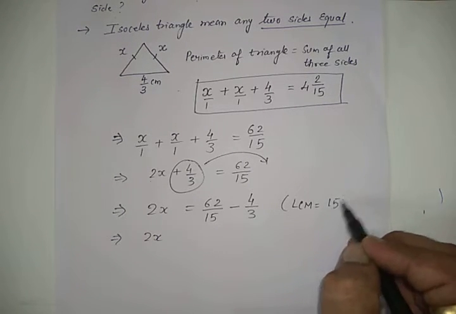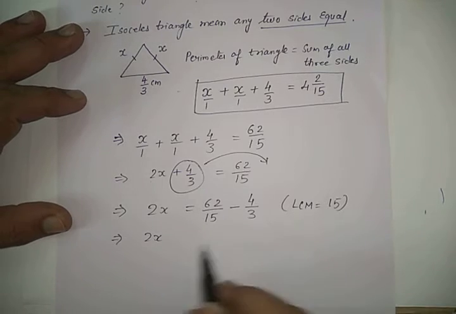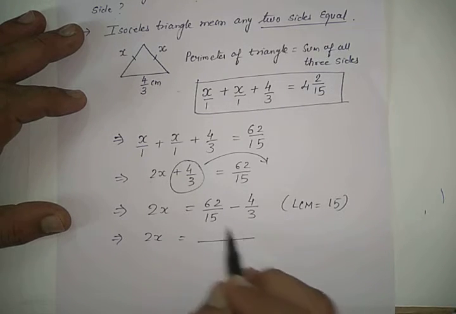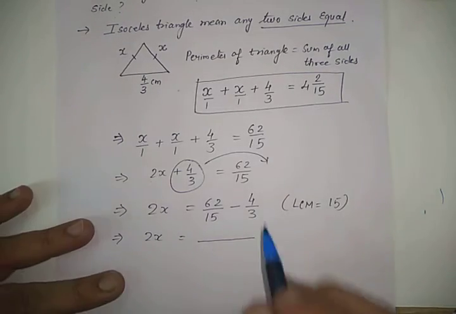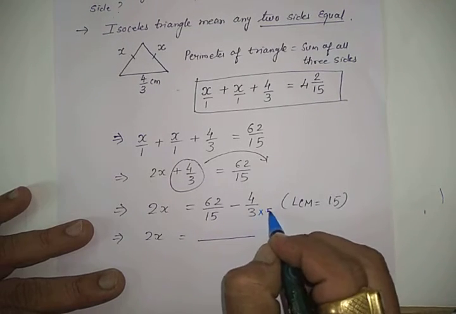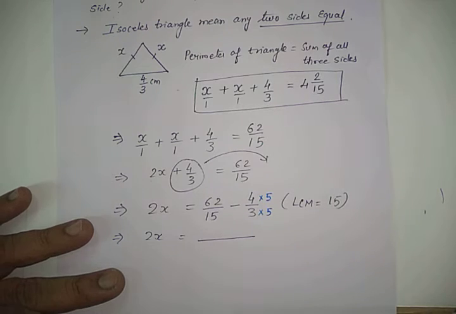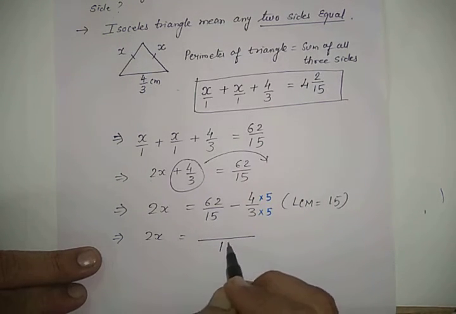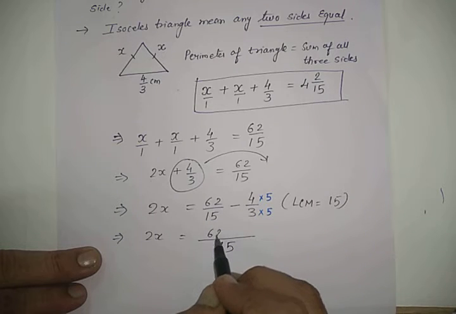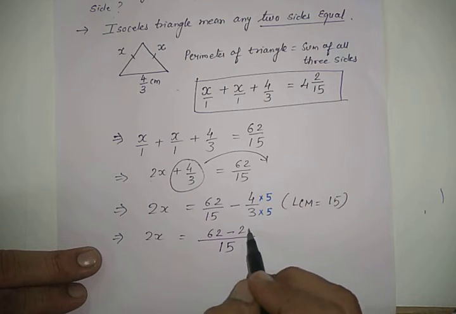LCM will be 15. So we want to make both denominators 15. So I need to multiply this one also by 5, so obviously this 4 also by 5. So I get the common denominator 15, 62, and 5 4s are 20 over here.